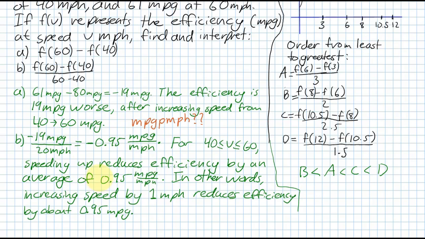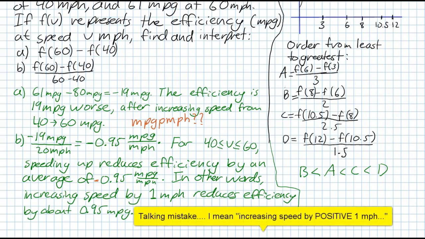And I didn't say negative here, although you could if you wanted. It wouldn't be wrong at all to say that's negative, but I already said reduces, so it's kind of a double negative, and it might actually mean increasing depending on how you read it, but you know what I mean here. In other words, increasing speed by 1 mile per hour reduces efficiency by about 0.95 miles per gallon.